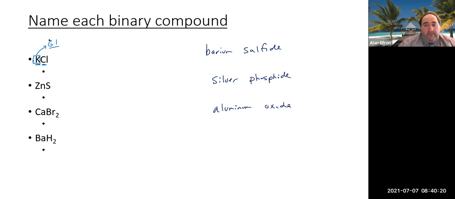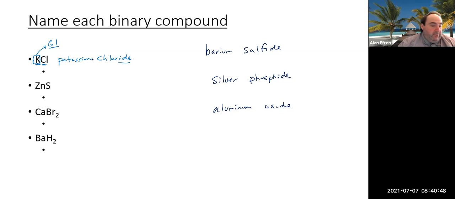And really at that point, we're done in terms of analyzation here. Basically what that means is K is the whole name of the metal, which in this case would be potassium. And the Cl goes from chlorine and gets the IDE at the end of it, and this would be potassium chloride in this case. Any questions on that one there?